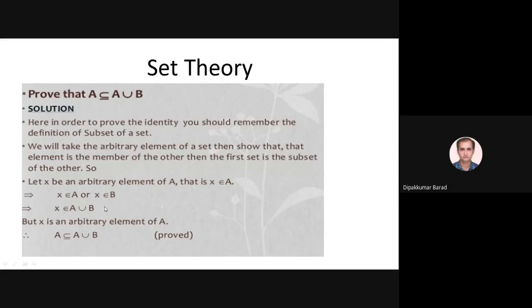So x belongs to A union B. But x is an arbitrary element of A, so this is true for every x belonging to A. Therefore A is a subset of A union B.